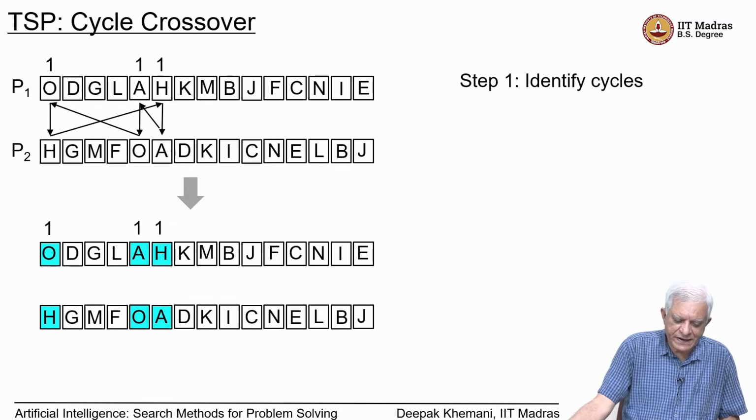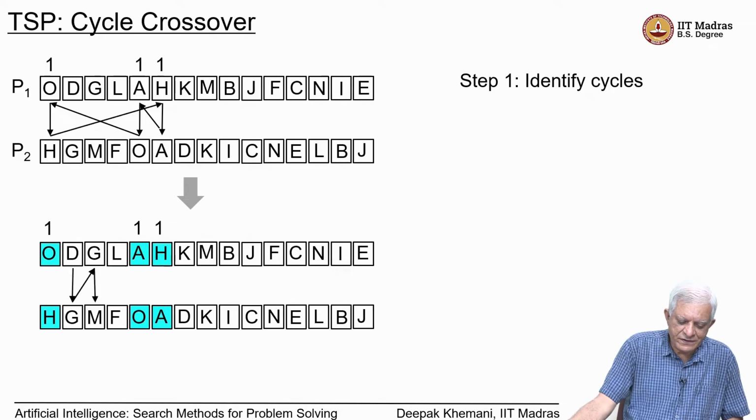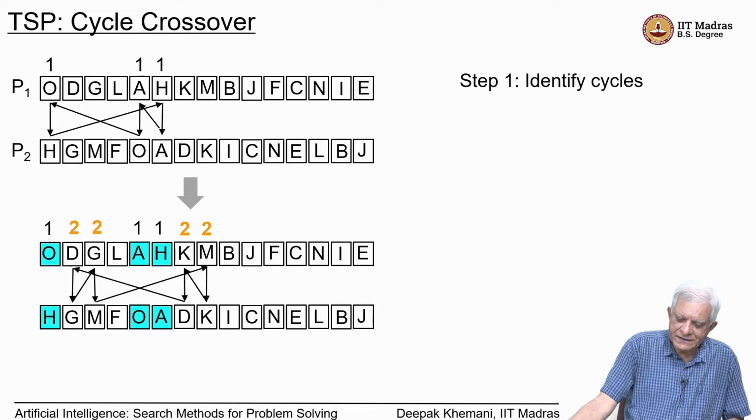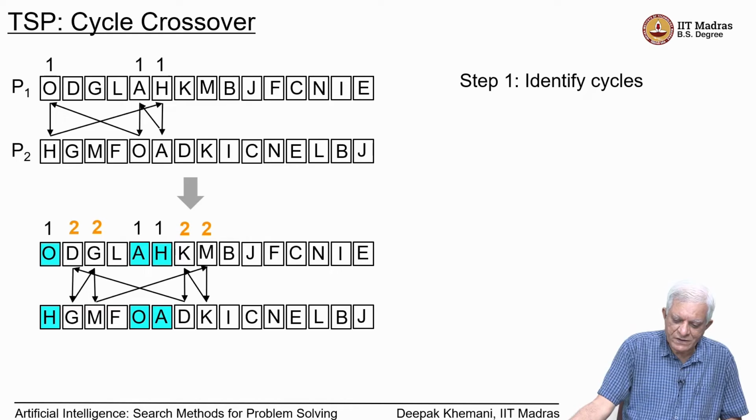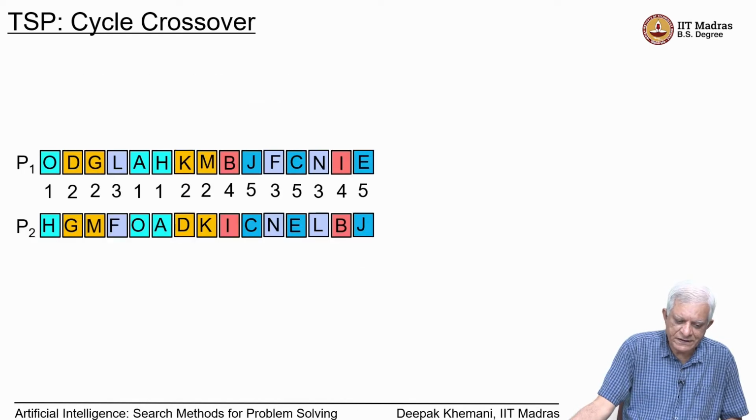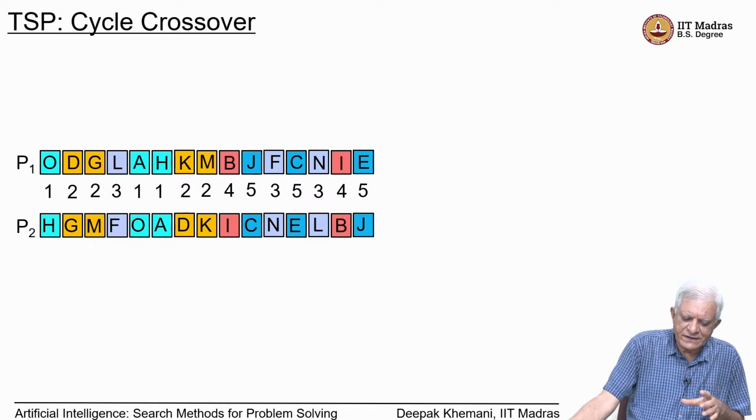Then we start with the second city which is D and do a similar process, go from D to G, G to M to K, and we are now back to D essentially. So, we have identified the second cycle. In this manner we continue till we have identified all cycles in the 2 parents, and you can see that each cycle here is shown by one color essentially.